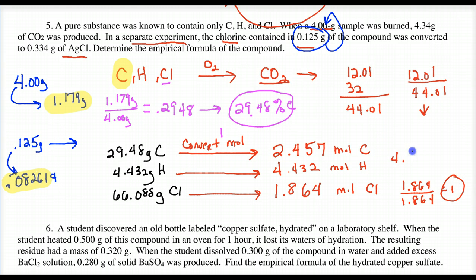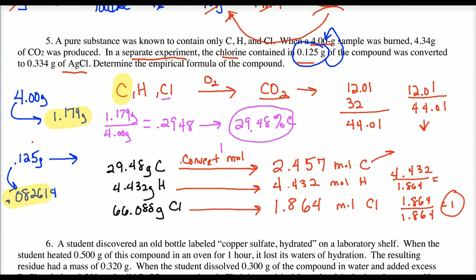And then 4.432 divided by 1.864 clearly is 2.37, and 2.457 divided by the smallest, 1.864, gives me 1.3.